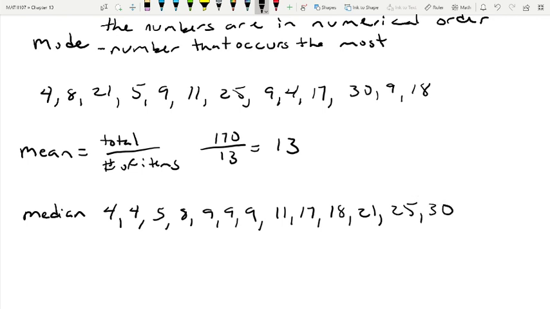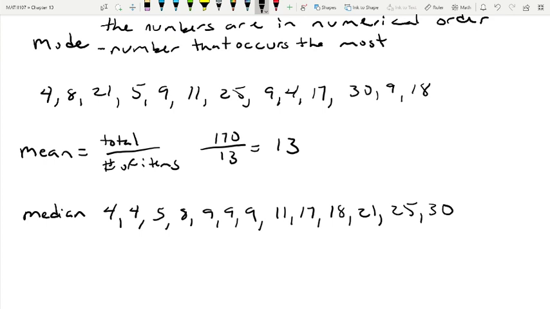Right? So when you rewrite the list, you want to make sure that, so here we have 1, 2, 3, 4, 5, 6, 7, 8, 9, 10, 11, 12, 13 numbers in the original list. So you want to make sure when you rewrite your list for your median, you also have 13 items. That way you make sure you didn't forget any numbers. 1, 2, 3, 4, 5, 6, 7, 8, 9, 10, 11, 12, 13, and the numbers match.